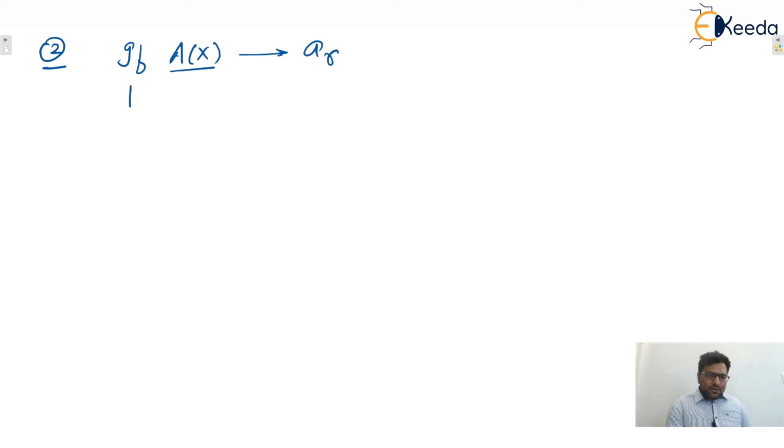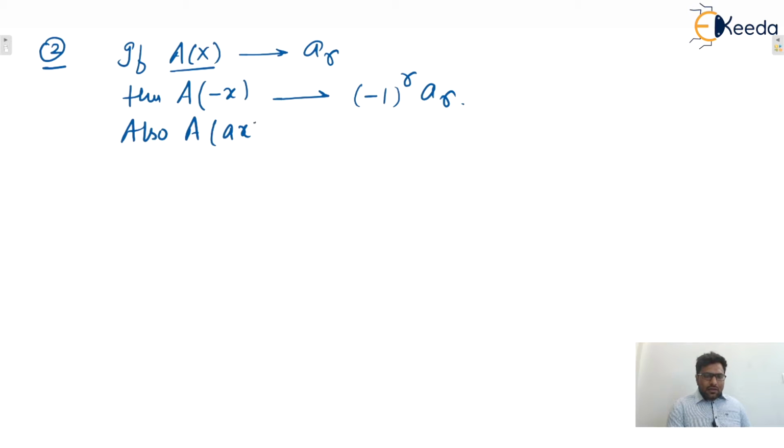Now if in this generating function x is replaced with, or multiplied with, minus 1, then every element of that sequence will be multiplied with minus 1 raised to power r. Also, if x is multiplied with any constant a, then the corresponding sequence will be multiplied with a raised to power r. Remember this one.